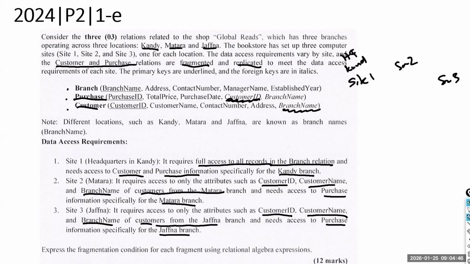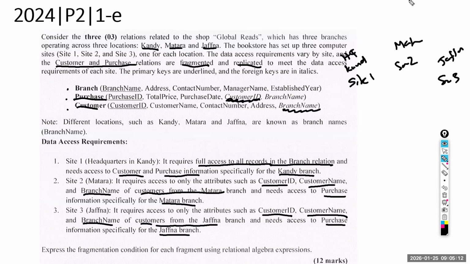Express the fragmentation condition for each fragment using relational algebraic expression. Okay, relational algebraic expression. So this should be Mathur and Jaffna. But this is the head office and a branch.